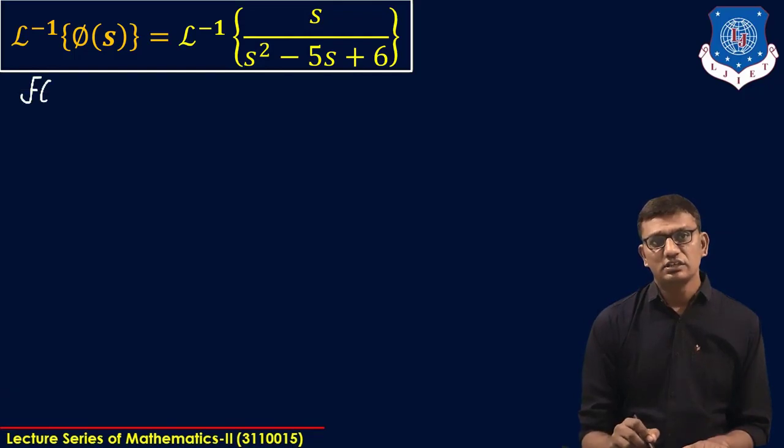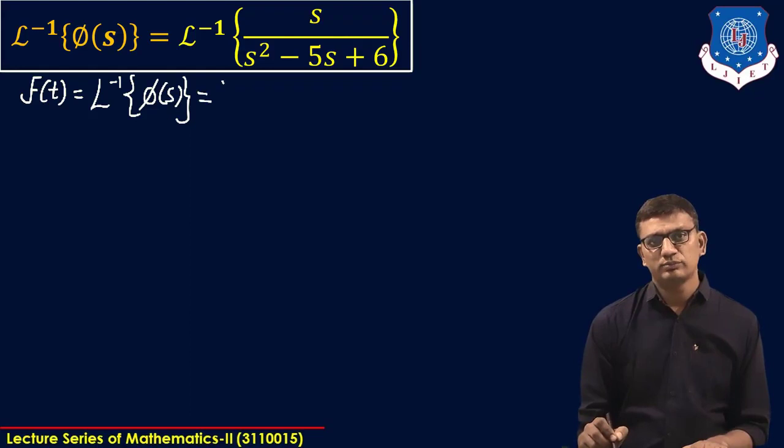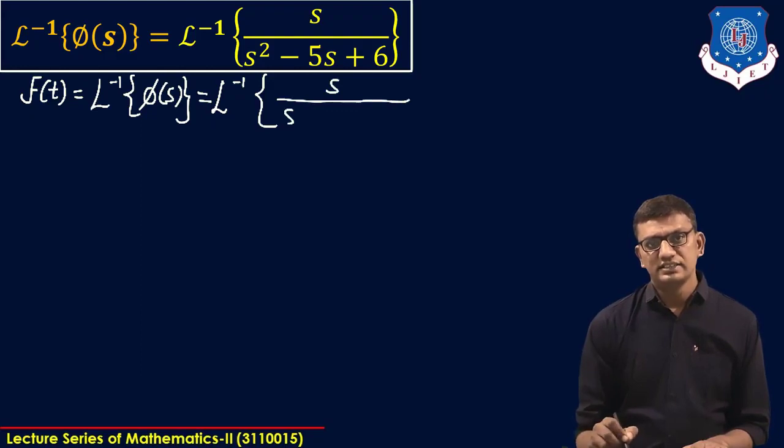Here f of t equals L inverse of phi of s, where phi of s is s upon s square minus 5s plus 6. Now we can rewrite our denominator with the factors s minus 2 and s minus 3. These are the factors of s square minus 5s plus 6.